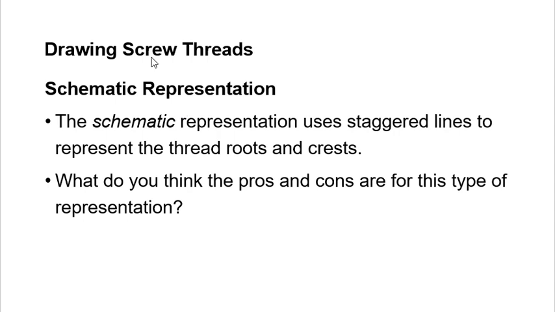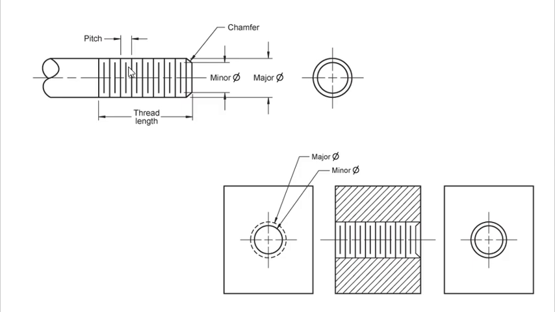Another type of drawing is schematic. Schematic is where we use staggered lines to show the roots and the crests. And again, I want you to think about pros and cons of this type of drawing. Why do we do that? Think about it. So this is an example of your schematic way of drawing.